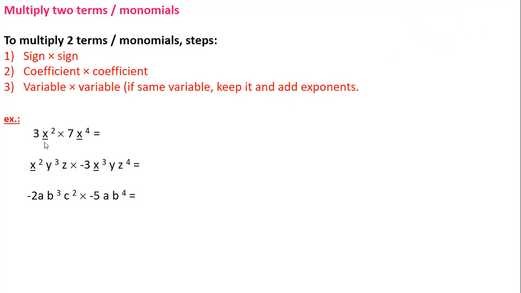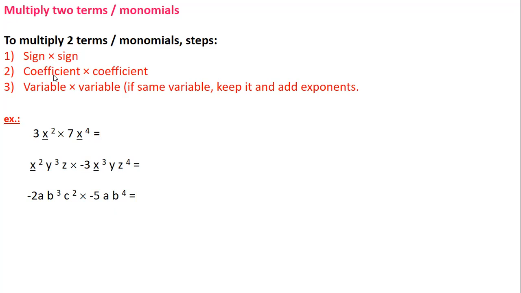For example, if we are multiplying 3x squared times 7x to the power 4, here the sign is positive because we know that any monomial having no sign, its sign should be positive. So positive times positive, of course, it will be positive.